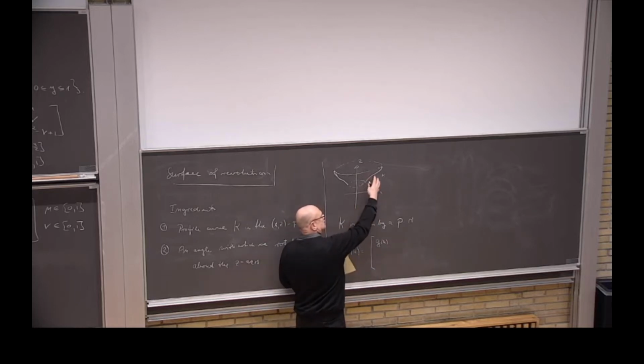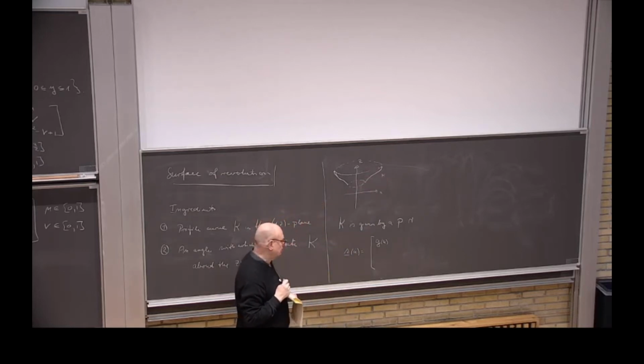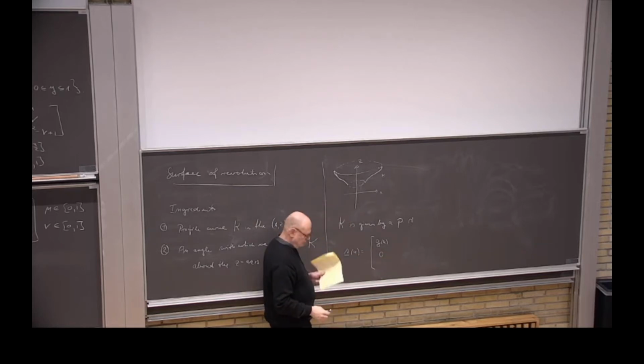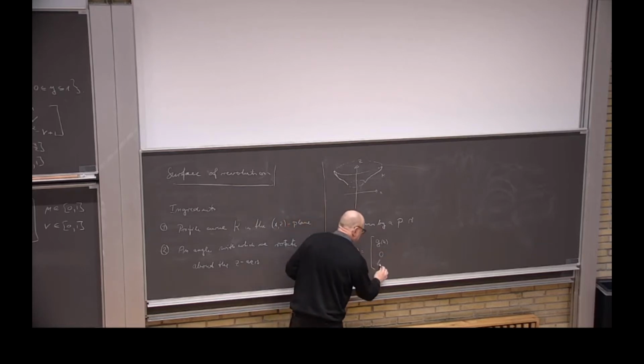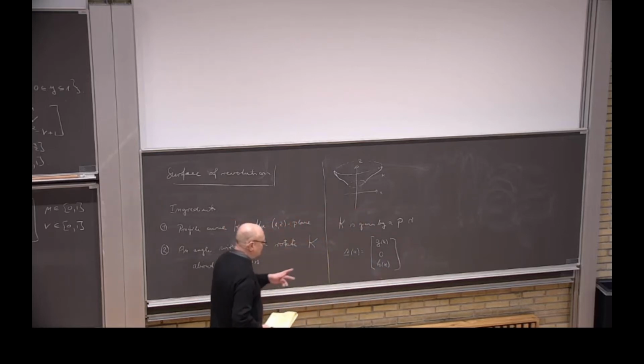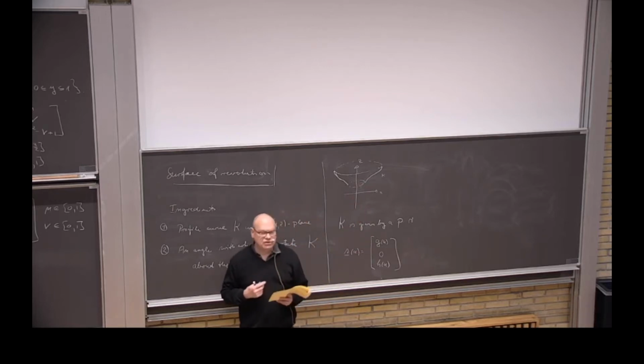Now, since K is in the xz plane, the second coordinate is 0, and then you have the third coordinate as h of u. This will describe, say, an arbitrary curve in the xz plane, and now we shall see what we do when we rotate this.